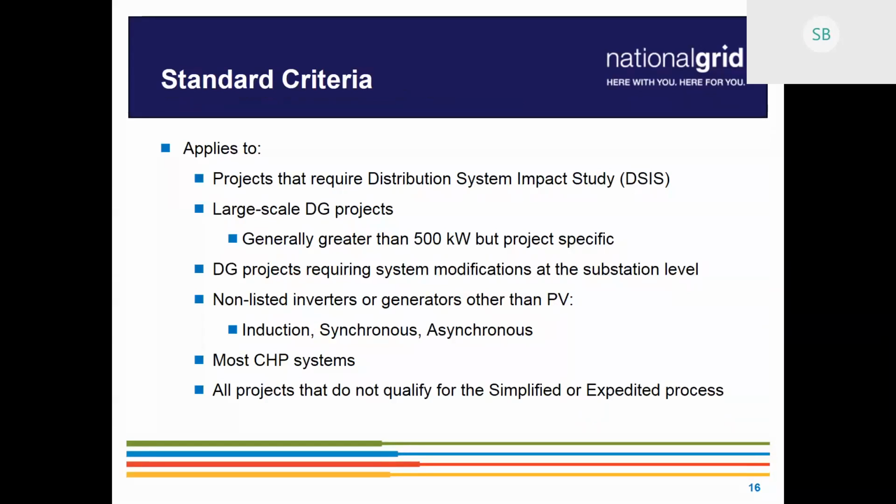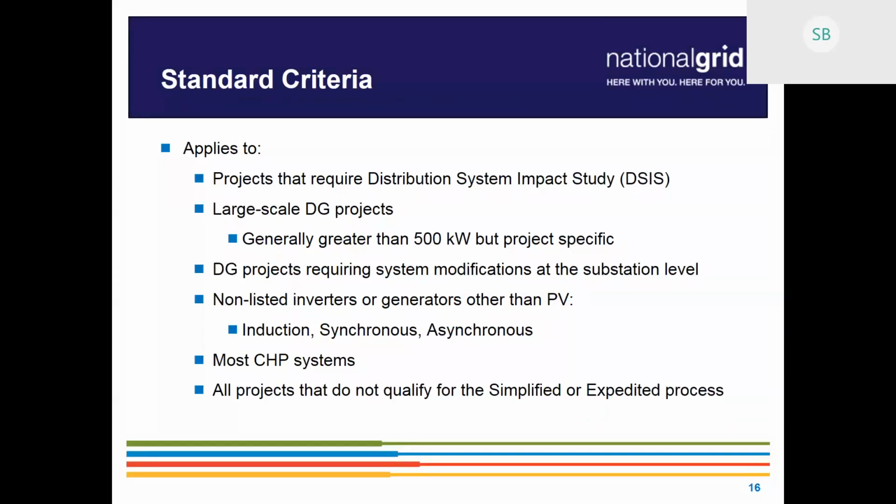Complex standard projects are DG projects that require system modifications, and now we're seeing more and more of that happening just with the influx of additional distributed generation projects that are applying. Another criteria for standard projects is inverters that are non-listed or generators other than PV.